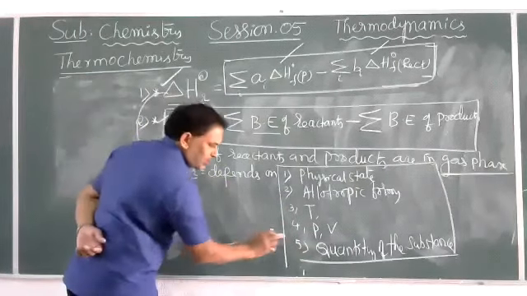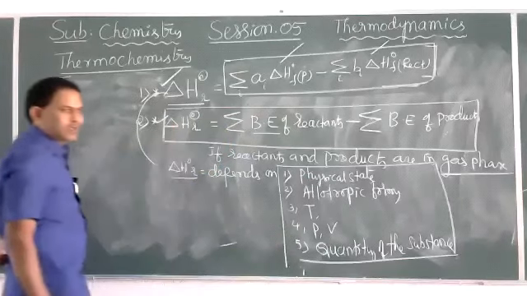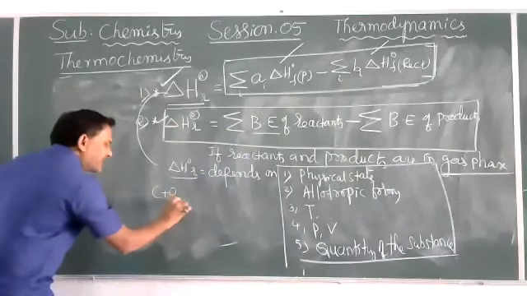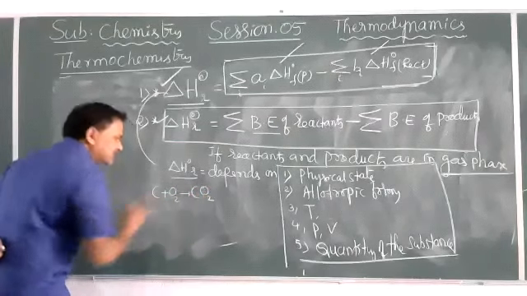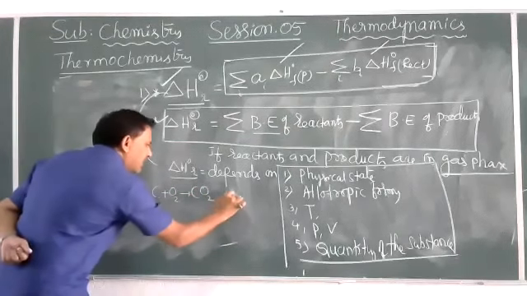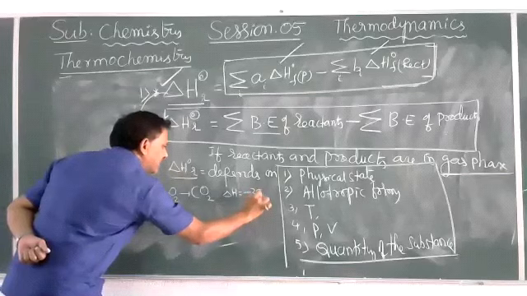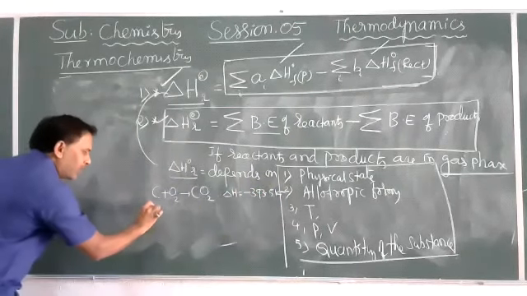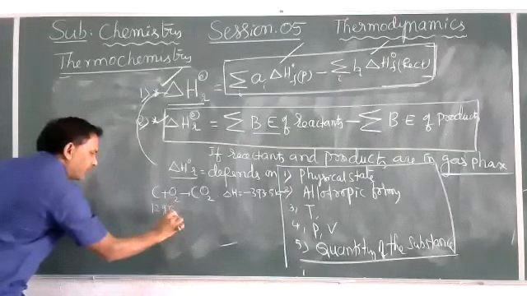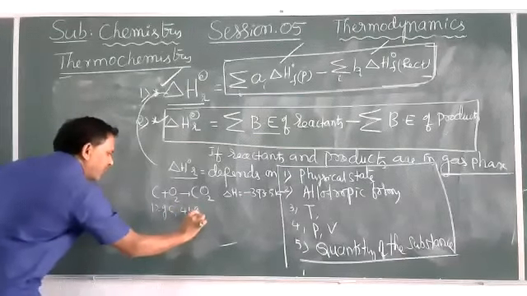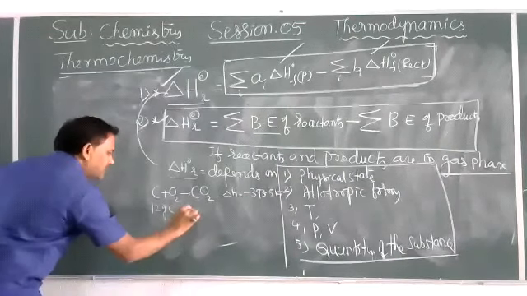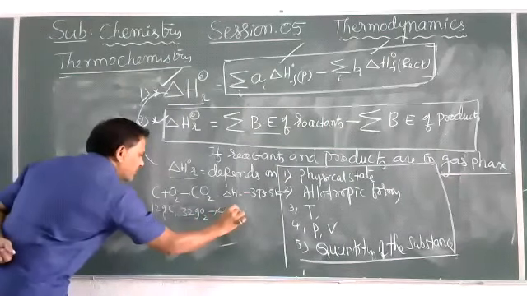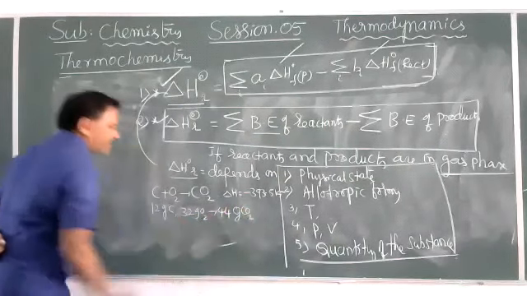One simple reaction I'll give you to show how it depends on the quantity of the substances. Here carbon combines with oxygen, it gives carbon dioxide gas. Now here delta H is equal to minus 393.5 kilojoules. We can observe that 12 grams of carbon combines with 32 grams of oxygen, it gives 44 grams of carbon dioxide.